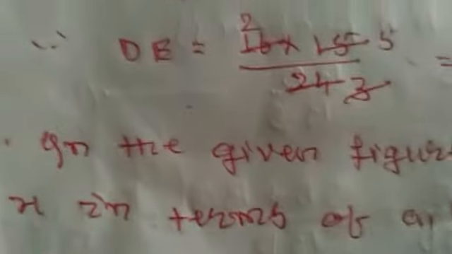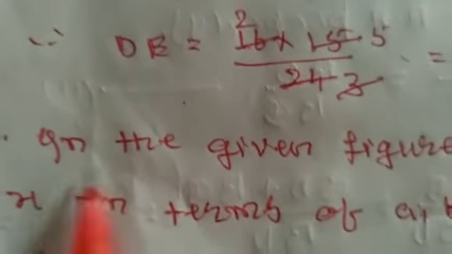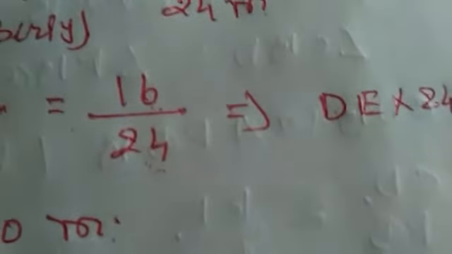In the next question we have, in the given figure, angle M equals angle N equals 45 degrees. Here I have written 46 degrees, but angle M equals angle N was given as 45 degrees.